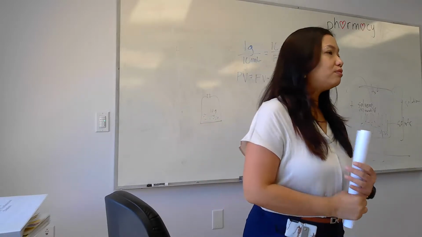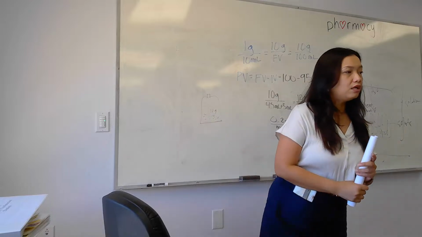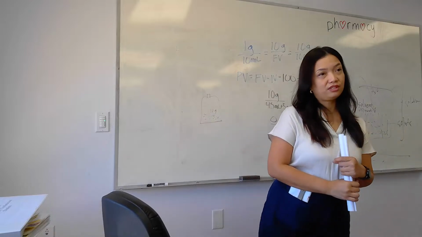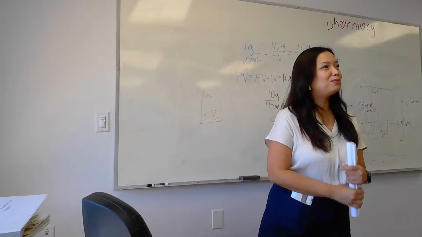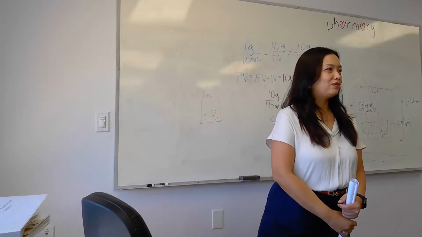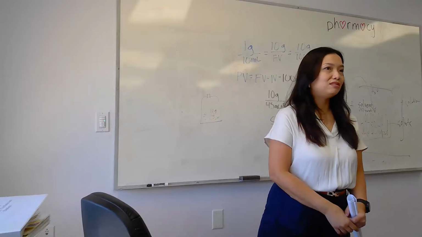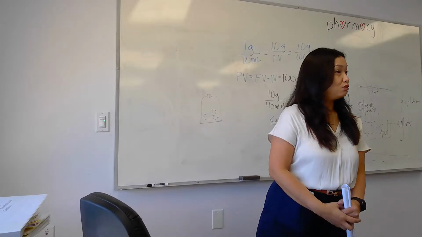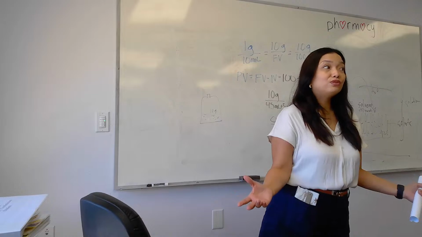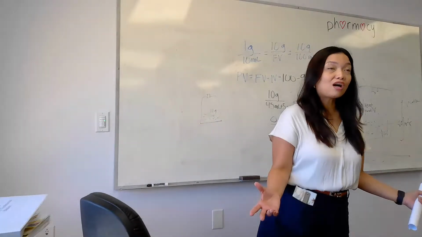If you still don't, maybe you should watch the initial video about concentration, because I'm repetitive enough. I said it many times. The denominator will be the total. Total amount of ointment, if it's grams over grams, right? Total amount of the solution, which means the combination.